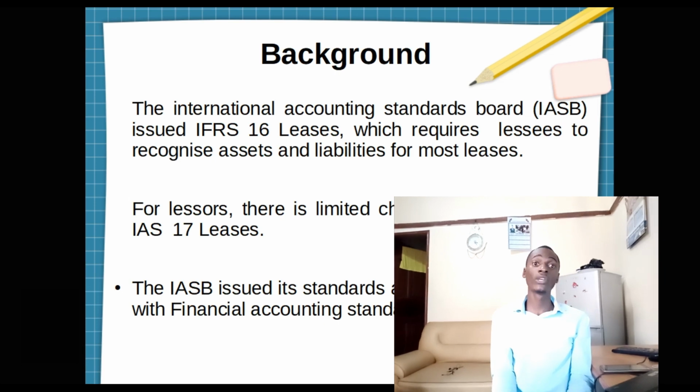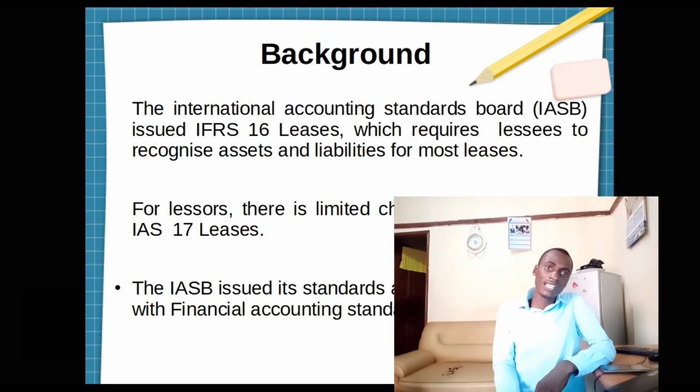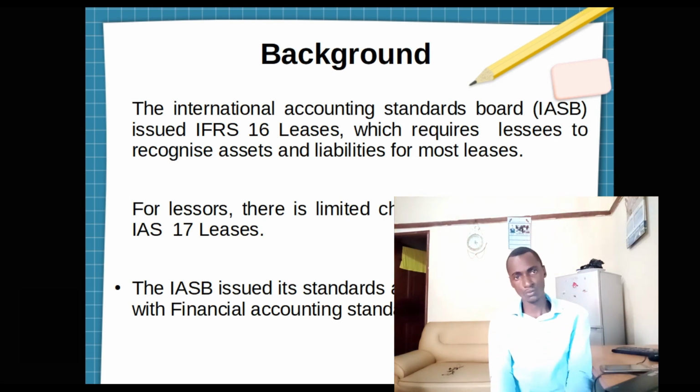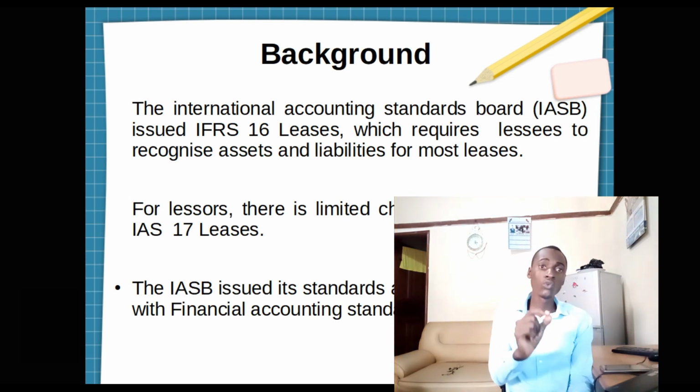But companies went ahead to classify these leases as operating leases. Remember, for an operating lease, there is no asset as well as liability presented on the face of the statement of financial position, what we call off-balance sheet financing.